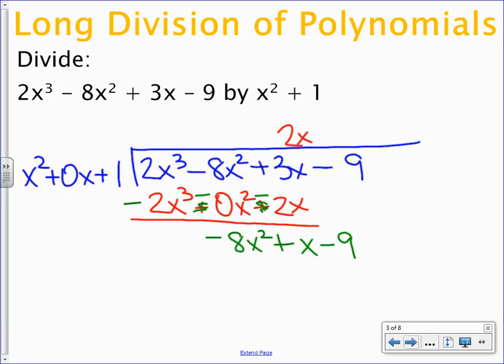Now what? x squared goes into negative 8x squared how many times? Negative 8. So x squared times negative 8, 0x times negative 8, and 1 times negative 8.